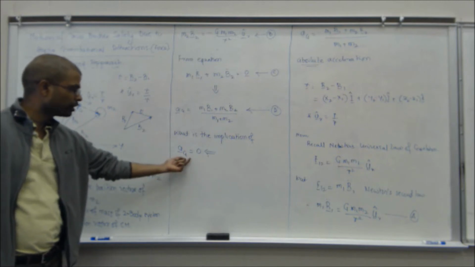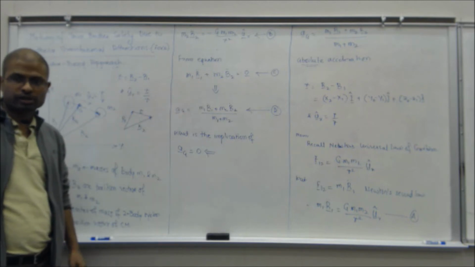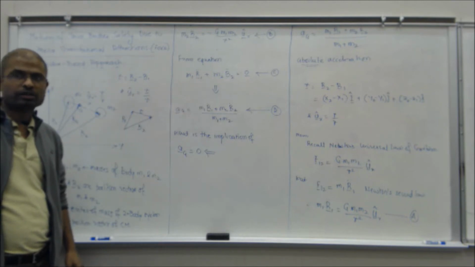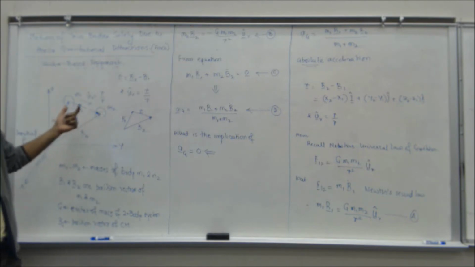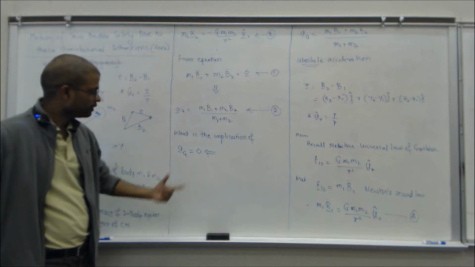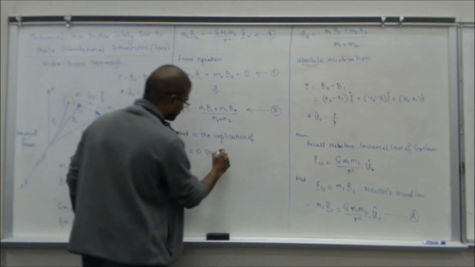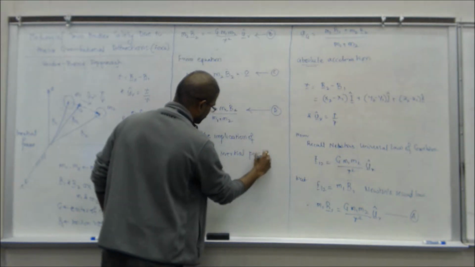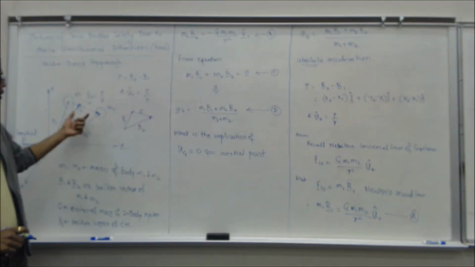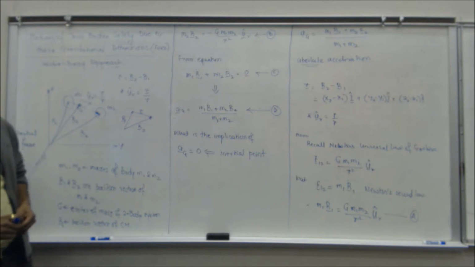So what this proves is your center of mass of a two-body system is an inertial point. It moves with constant velocity, no acceleration. So you can practically apply all your Newton's laws at the center of mass of any two-body system.